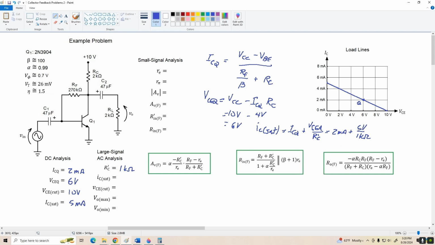So that's 2 milliamps plus 6 milliamps equals 8 milliamps. There is our collector saturation current for the AC load line, 8 milliamps.